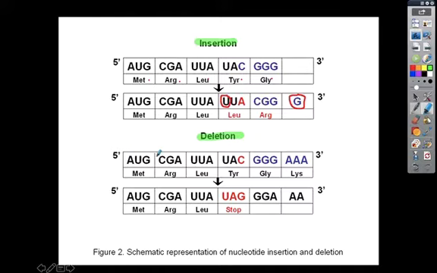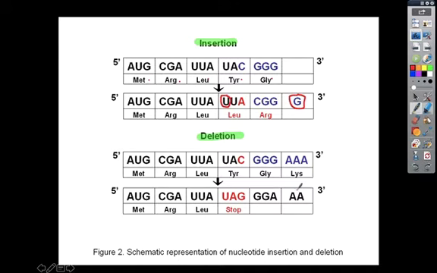So you see this is what it should be. Okay. And then we see right here you have a base that's been deleted. Okay, so here the C got deleted, but it still has to be read three letters at a time. So it just scoots over, and instead of UAC, it's going to scoot over as UAG, and then GGA, and then you end up with AA at the end.